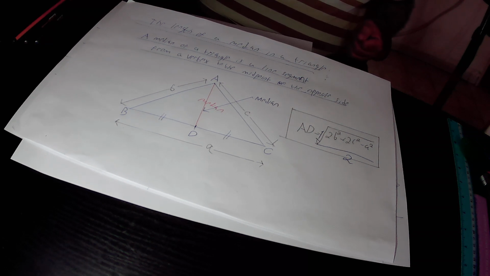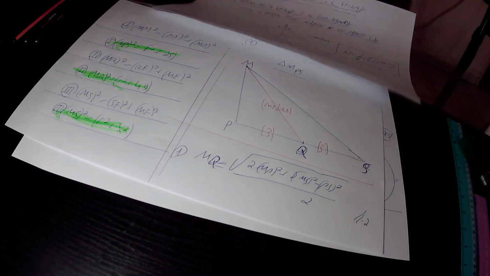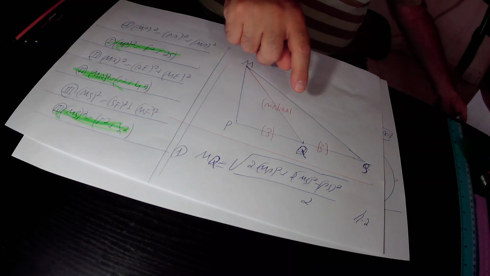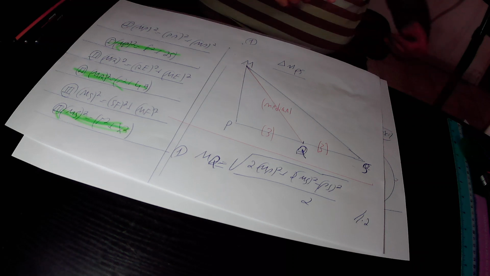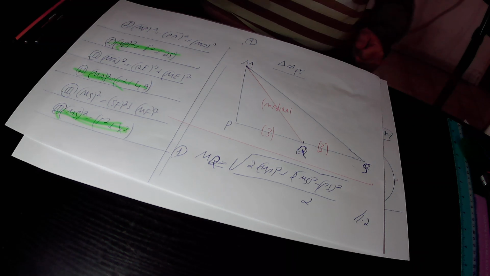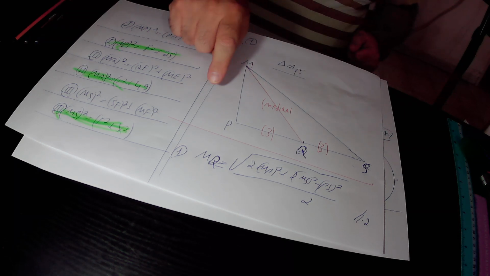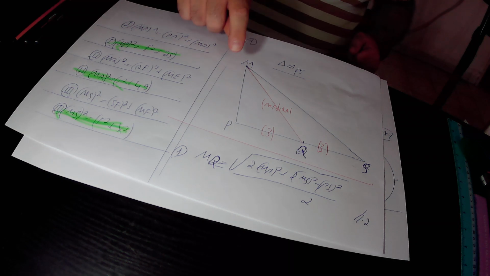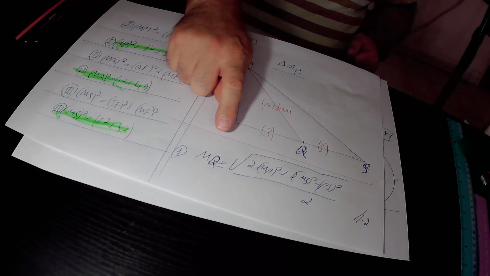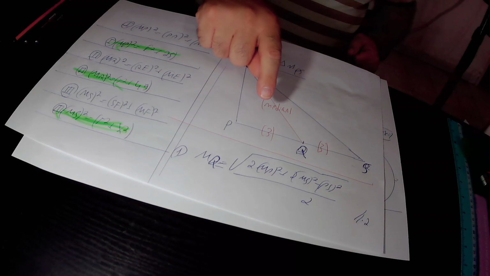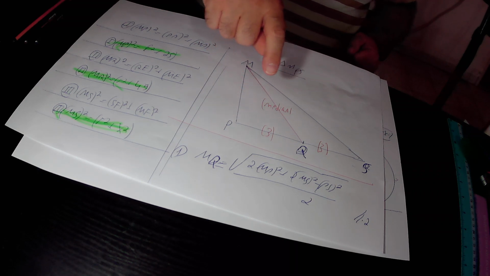So we can implement the new rule in order to find out the length of the median MQ. The length of the median MQ, according to the new formula, will be equal to the square root of 2 times MP squared plus 2 times MS squared minus PS squared divided by 2. Again, MQ in total equals the square root of 2MP squared plus 2MS squared minus PS squared over 2.